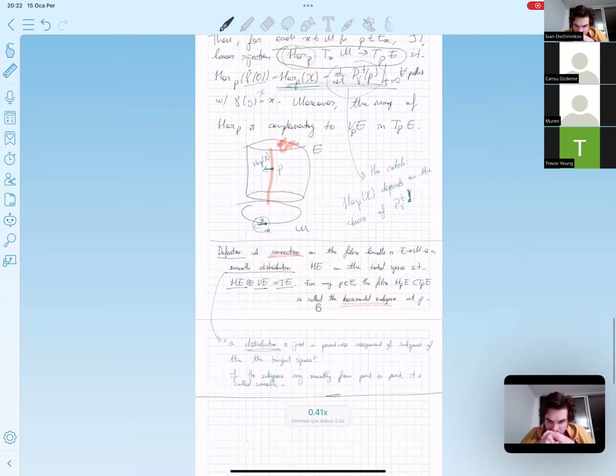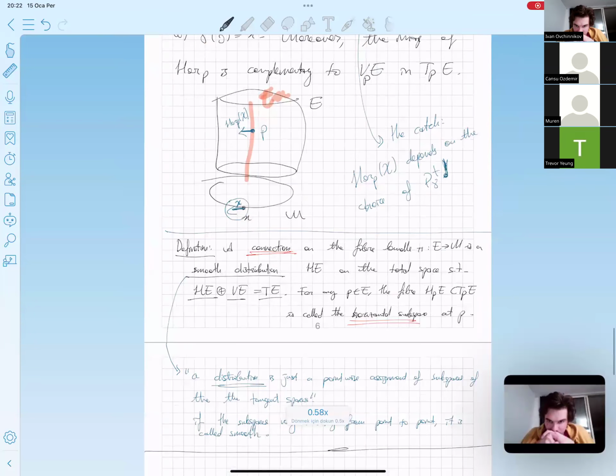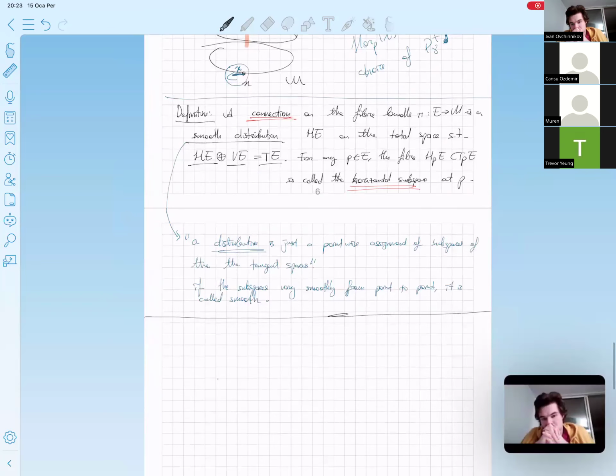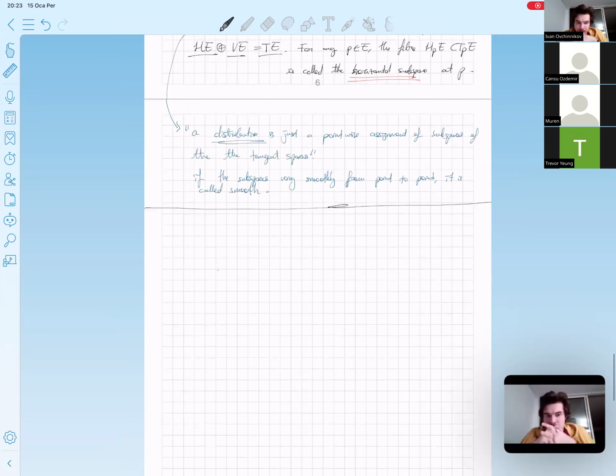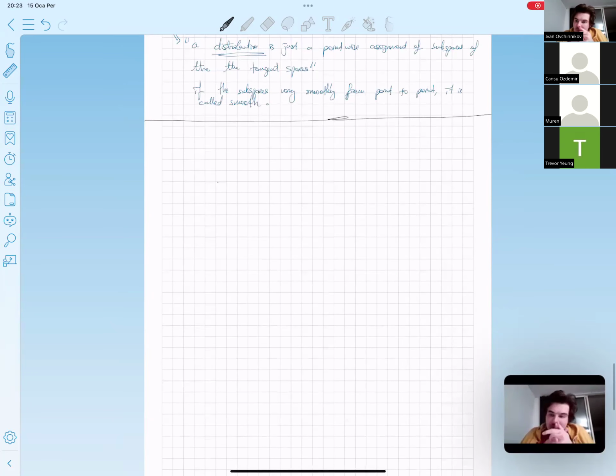We concluded that we need something called the connection, which is a choice we make for complementing the vertical bundle. Now we have the tool to define parallel transport, so we have to come back and say what parallel transport is in terms of this toolkit that we just constructed.